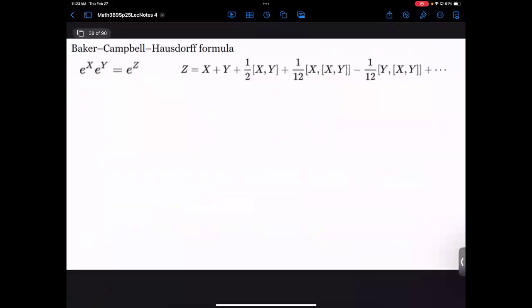All right, so here is the Baker-Campbell-Hausdorff formula. It's beautiful. It's nice that there are numbers, and we've talked about how there might be some meaning behind these numbers. How would you show that this is true?